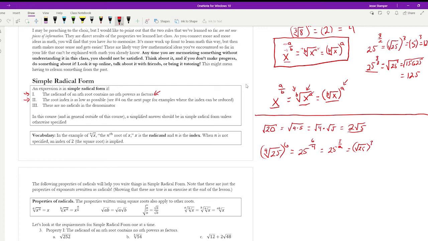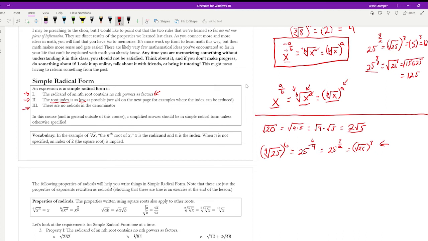So number 2, when they're talking about the root index being as low as possible, this is what they're looking for. They want you to find out, can you reduce the fraction? Can you make it smaller? Because the smaller the index, the easier it is to handle the radical.